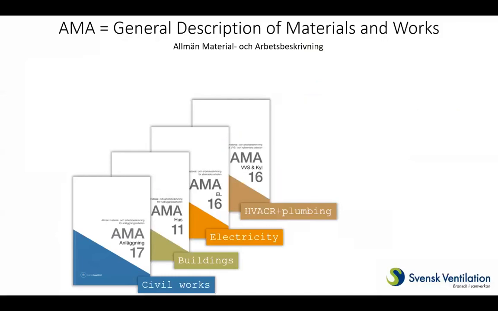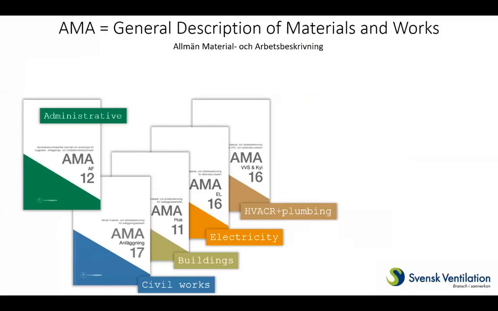And as you can see here, you have one ARMA for civil works, another one for the building itself, one for electricity installations, and one for heating, ventilation, and air conditioning and refrigeration and plumbing. That's in the brown part here.